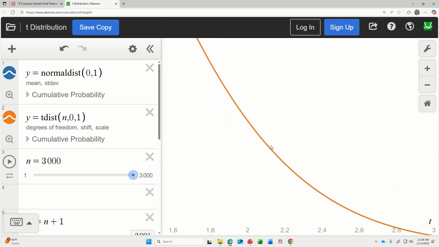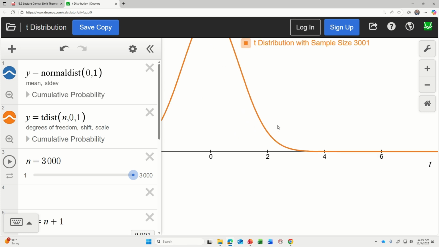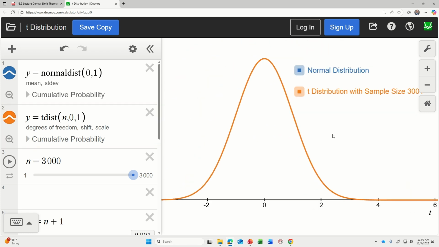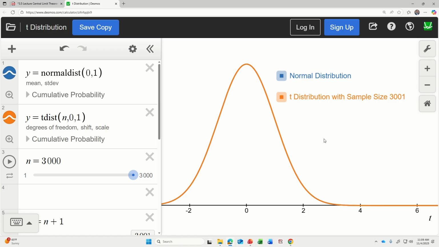And that's because if I have a really, really large sample size, then I expect my sample standard deviation to be a really, really accurate approximation of my distribution standard deviation. So there's really less uncertainty here.